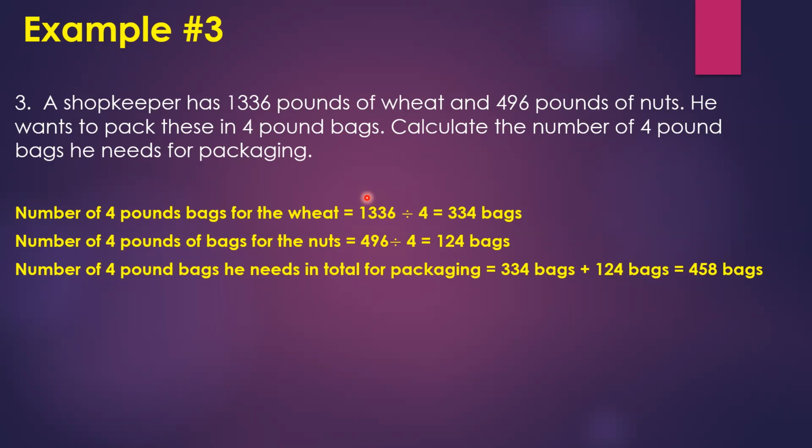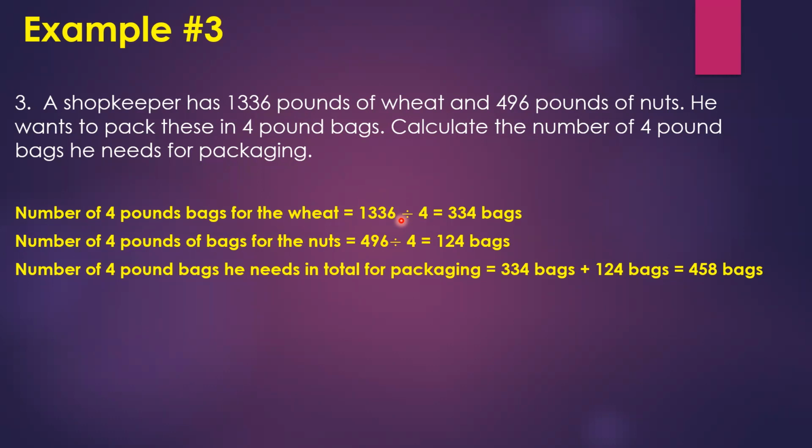The number of 4 pounds for the wheat is equal to 1,336 divide 4 times 334 bags. You said divided or times it? Divide. Okay.